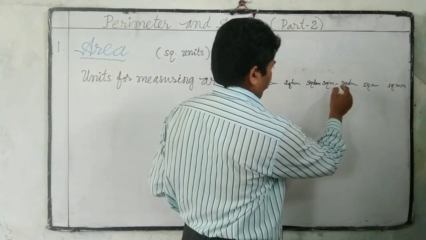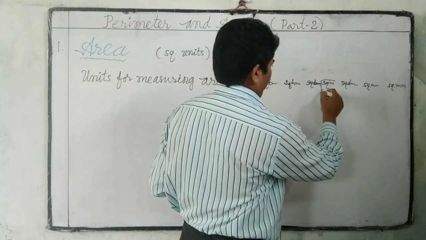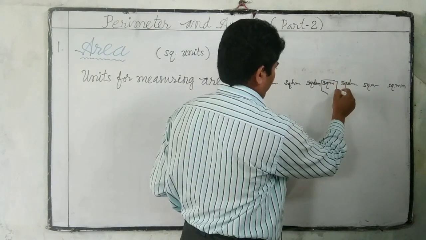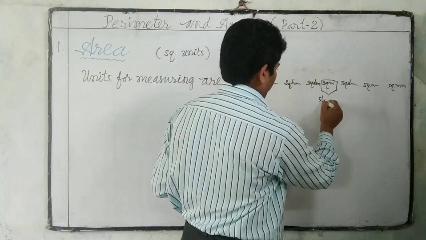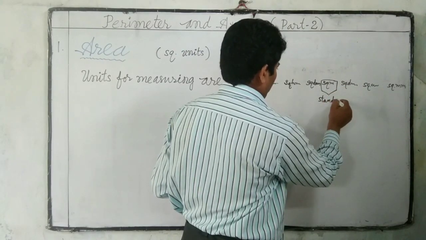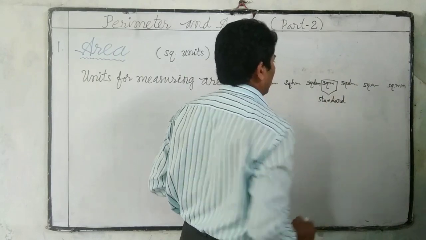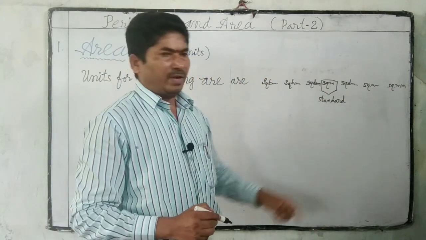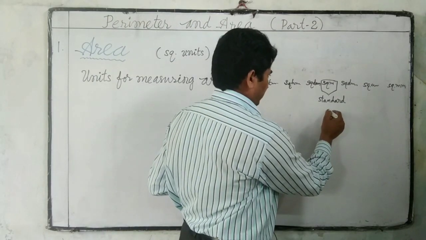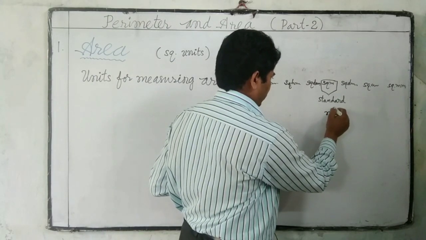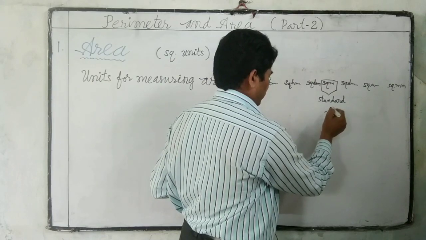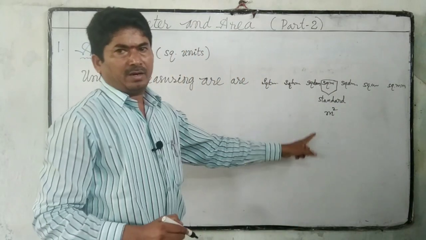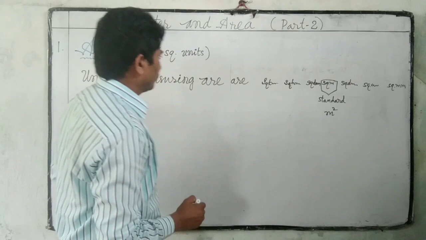In this, square meter is the standard unit. Standard unit for measuring area is square meter. We can write like this also, meter square, square meter or meter square.